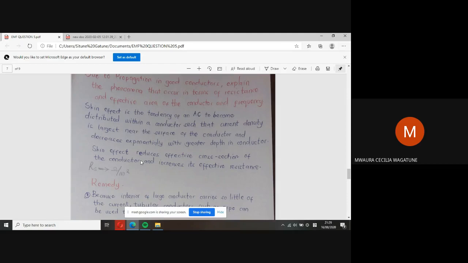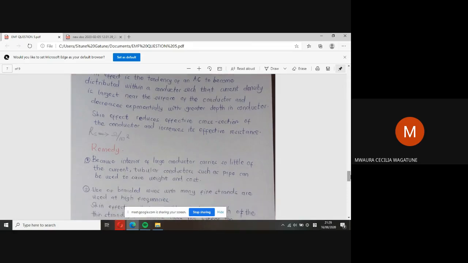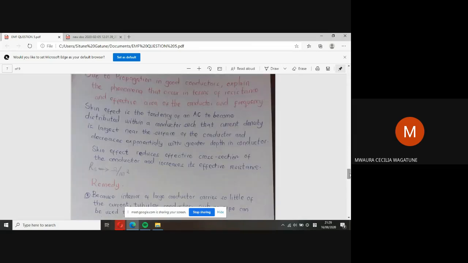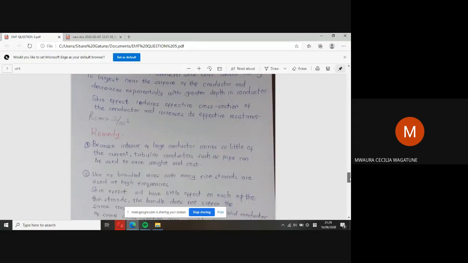It's recommended that you use tubular conductors such as pipes to save cost and weight, because as we have realized, skin effect only covers the area near the surface of the conductor. In the middle it is almost next to nothing.